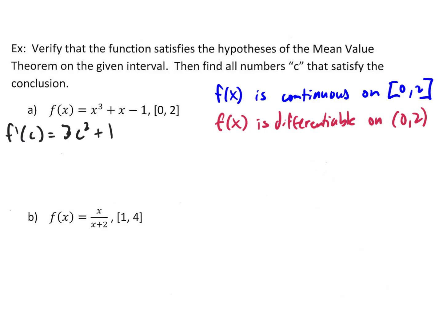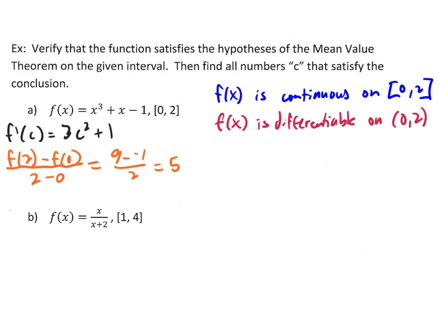And so when I take the derivative of this, I get 3c squared plus 1. And then the average rate of change, f of 2 minus f of 0, when I plug 2 in here, I get 8 plus 10 plus 2, that's 10, minus 1 is 9 over 2.